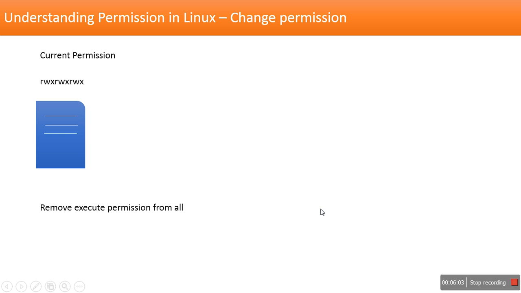Now let's take one more example. We have the same file, and we want to remove execute permission from all. We want to remove x from here, from here, from here. With the first method, we can use numeric notation. We can find the numeric notation for this permission, which is 666.